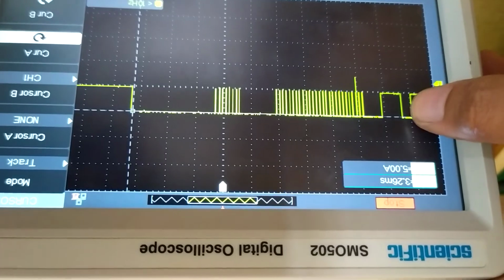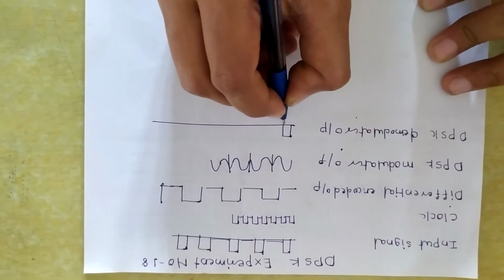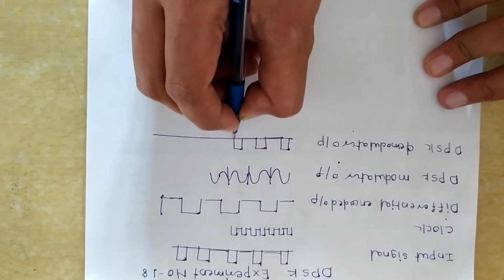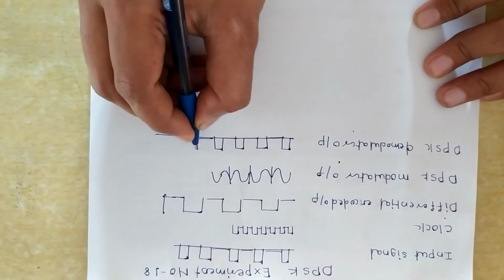We are getting the signal in the form of 1 and 0. So again you have to draw the signal in the form of 1 and 0. So this is experiment number 18.